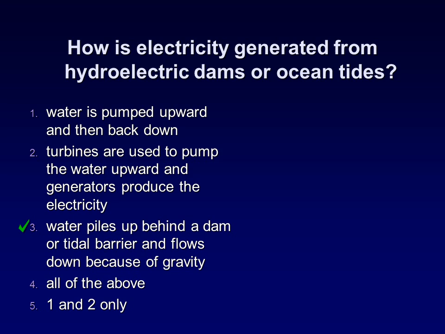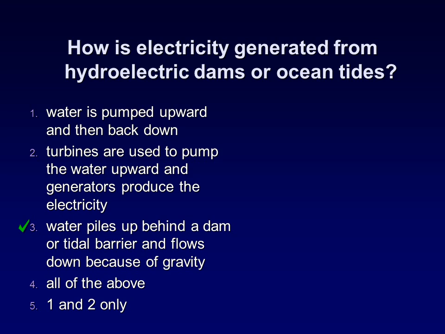Okay, let's look at the other ones to show why number 3 is the best answer. Number 1, water is pumped upward and then back down. No, because if you're pumping it, then you're using electricity to do that. So whatever you're generating, you're using. That would not work.